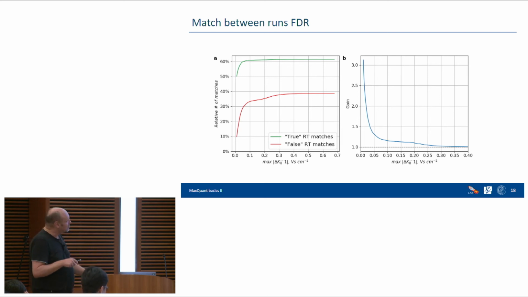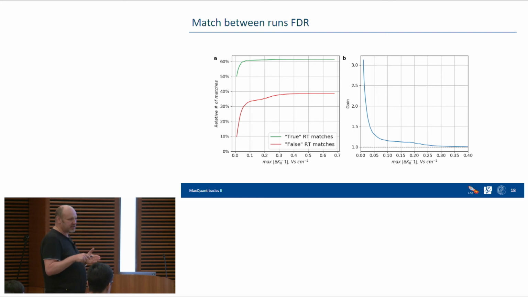And now, to have some criterion for evaluating this, we just call, so this is not really true and false matches, but we just call something that has a close retention time difference a true match, and something that has a wide retention time difference a false match, because if it has a wide retention time difference, it's likely to be wrong, and if it is nearby, it's likely to be correct, right?